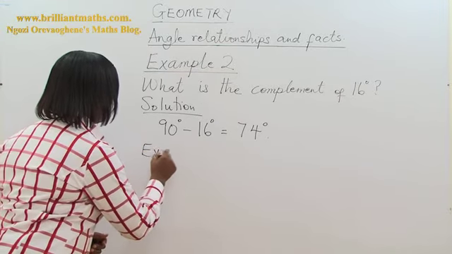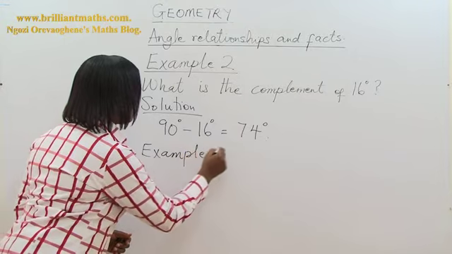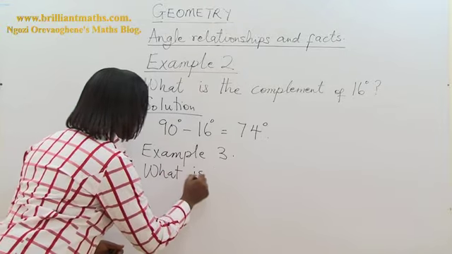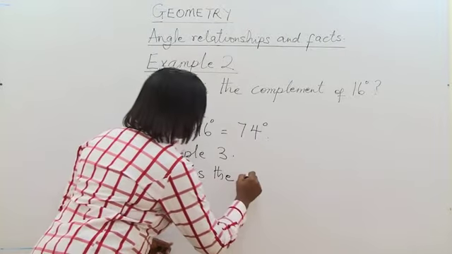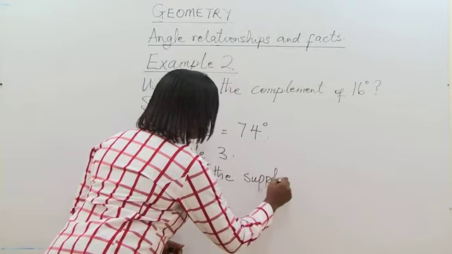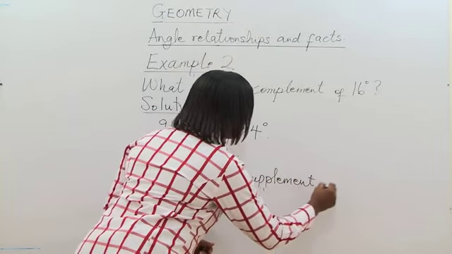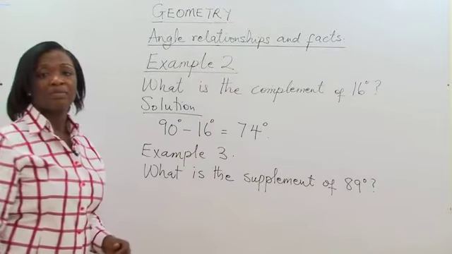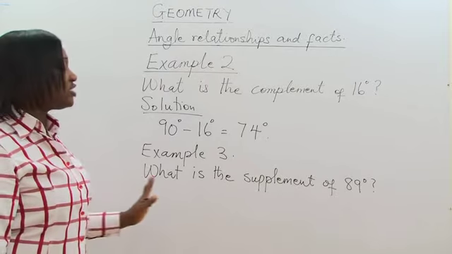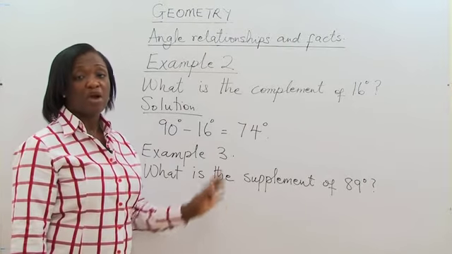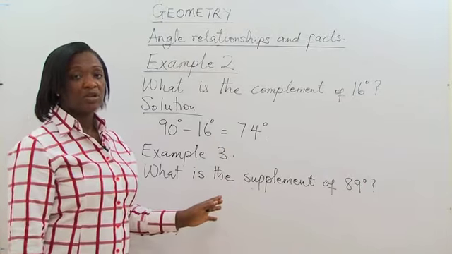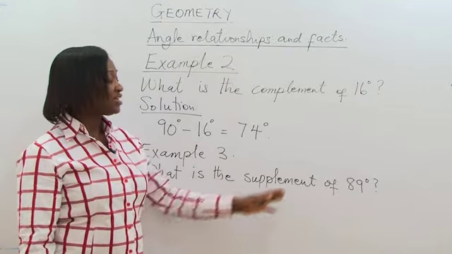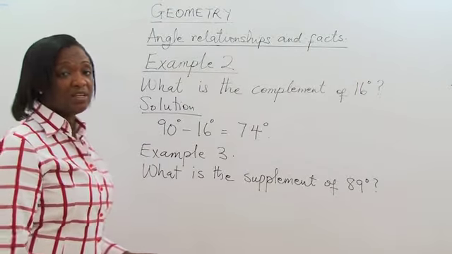Example 3. What is the supplement of 89 degrees? We also remember that supplementary angles are angles that add up to 180 degrees. So to find the supplement of 89 degrees, we simply subtract 89 degrees from 180 degrees.